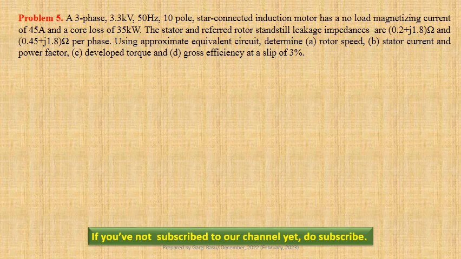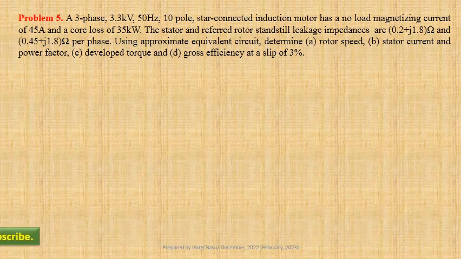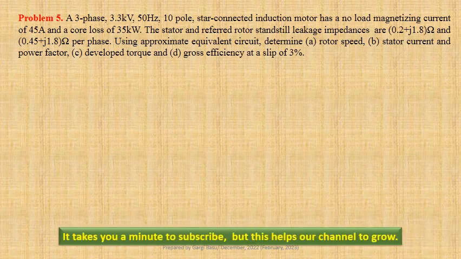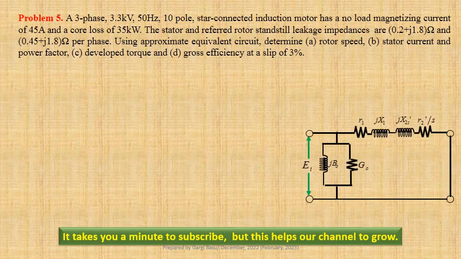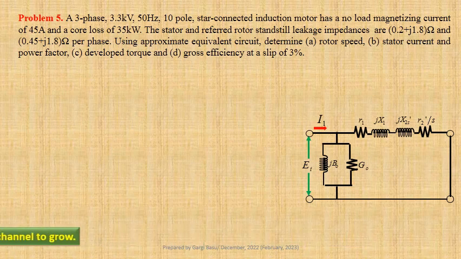The stator and referred rotor standstill leakage impedances are 0.2 plus j1.8 ohm and 0.45 plus j1.8 ohm per phase. Using approximate equivalent circuit, we have to determine rotor speed, stator current and power factor, developed torque and gross efficiency at a slip of 3%.